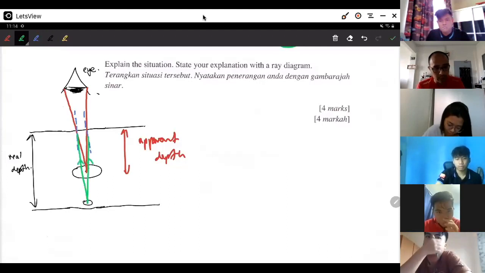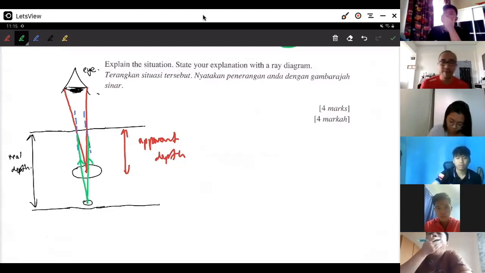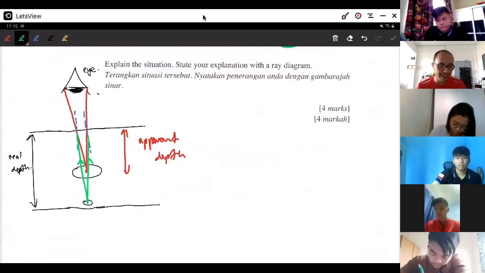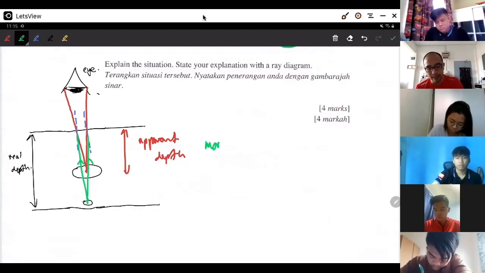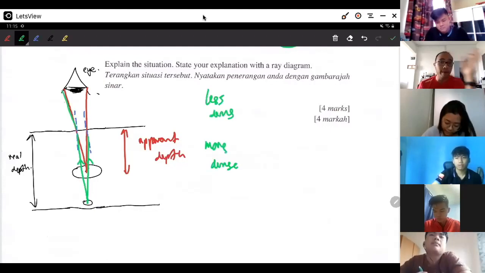Just to show that it is moving away from normal. Do I need to draw this for the third time? Maybe I should make the eye bigger. Anyway, it is going from more dense to less dense. So this green line is supposed to go away from the normal.